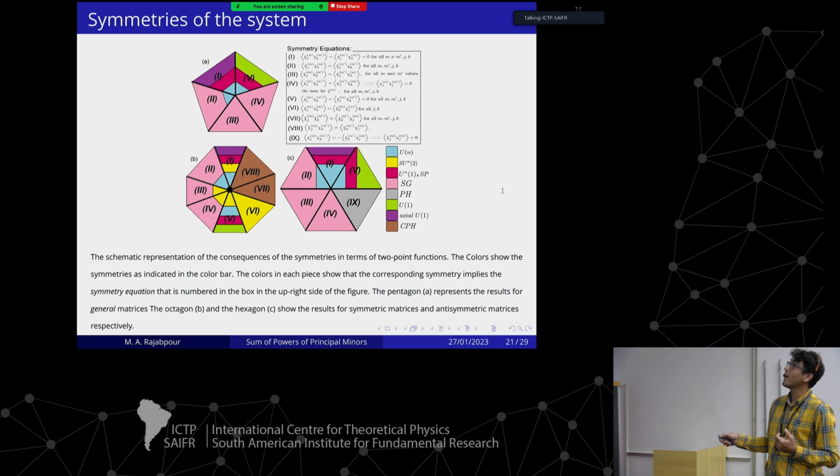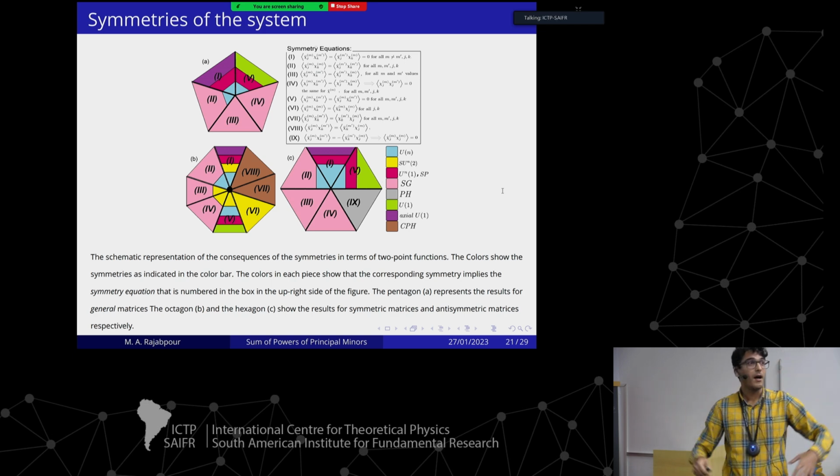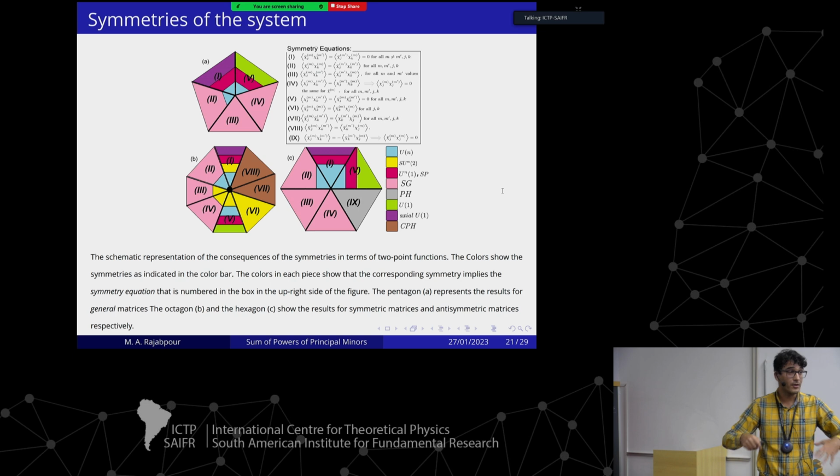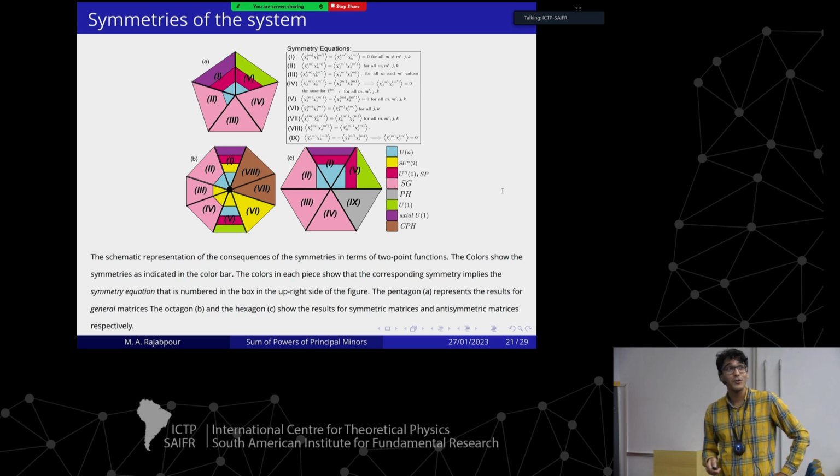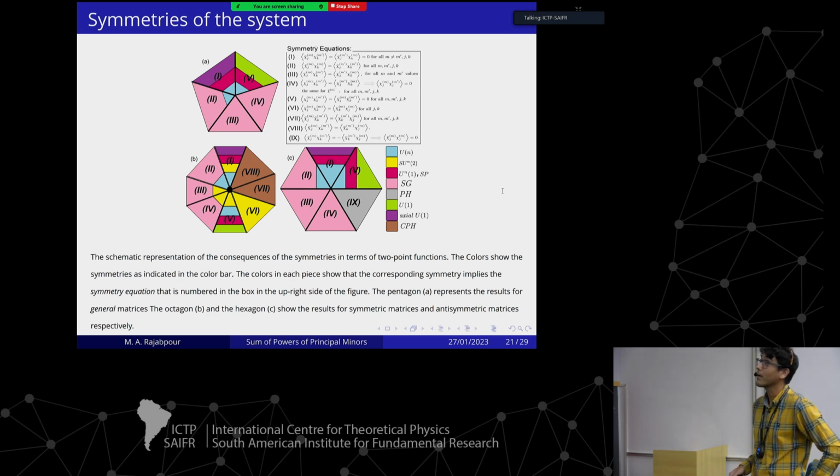For the SUN2 for symmetric matrices, it forces, for example, VI, which is this one. So you can make your table of what each symmetry is doing for different kinds of matrices, and see later which ones are going to be broken. Any questions?